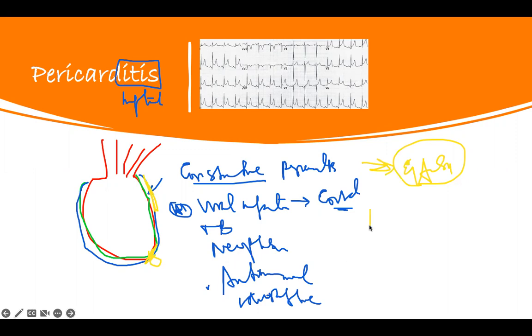Because it's an infection, what do you think? Well, they will have fever. And because the pericardial wall is thickened and inflamed, they will have pain. When do they get pain? Your heart and your lung are close together. So when they take a deep breath during inspiration, the two layers of the pericardium rub against each other.